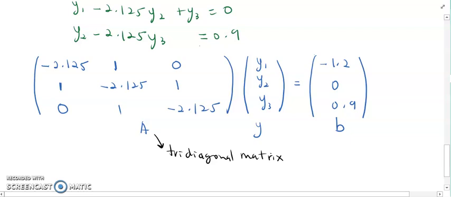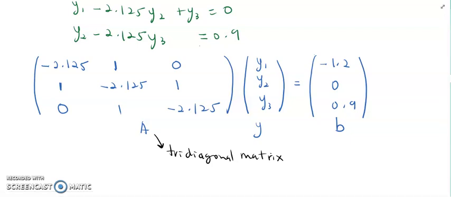The Thomas algorithm is used to solve tridiagonal systems, and this system is called a tridiagonal system because matrix A is tridiagonal. You may also use other methods such as Gaussian elimination or Cramer's rule, but if you use the Thomas algorithm, it is much easier.